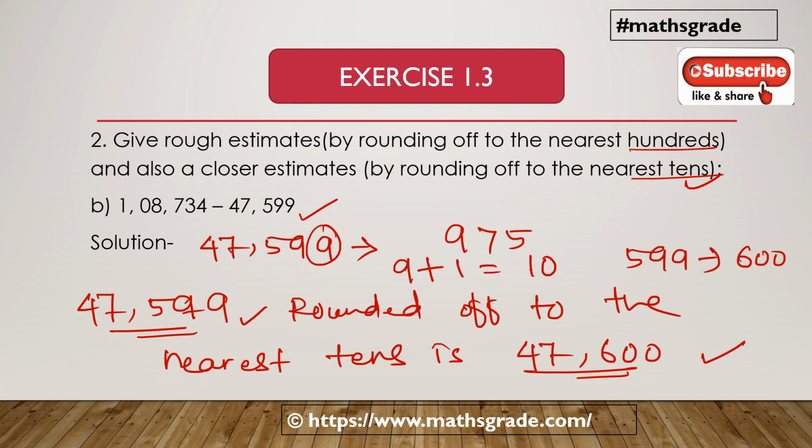So 47,599 rounded off to the nearest 10 will be 47,600.